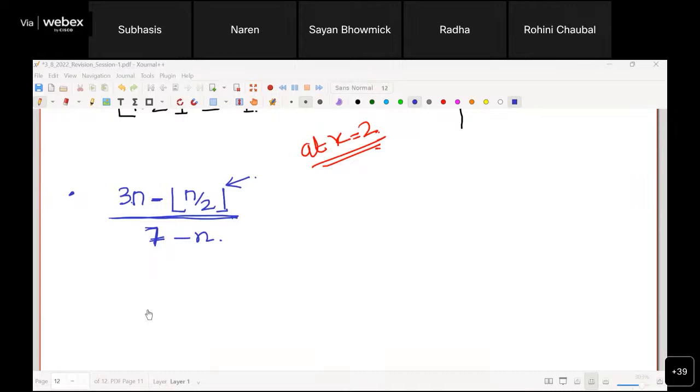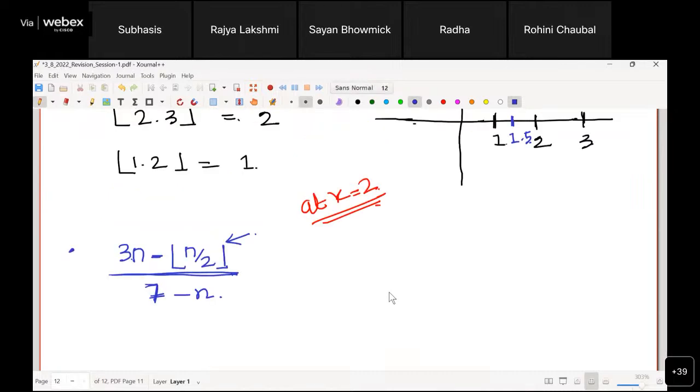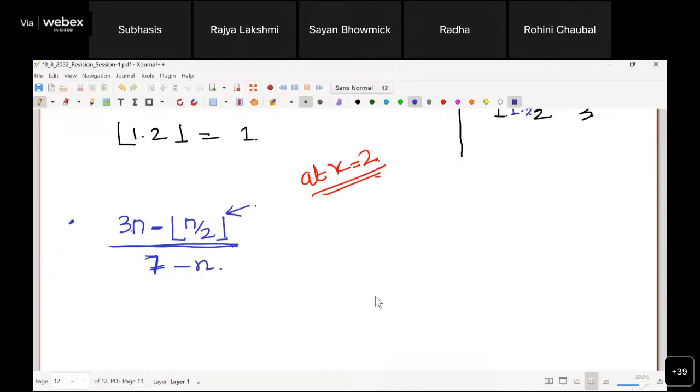Sir, I have an approach for this, if you can allow me. He's saying n is odd, it is given. So maybe we can consider, for example, if n is 3, then it will be floor of 3 by 2, that is floor of 1.5, which is equal to 1. So whenever n is odd, floor of n by 2 is equal to n minus 1 by 2.